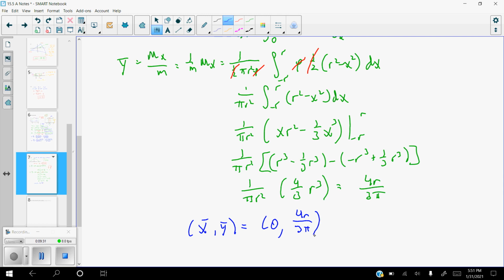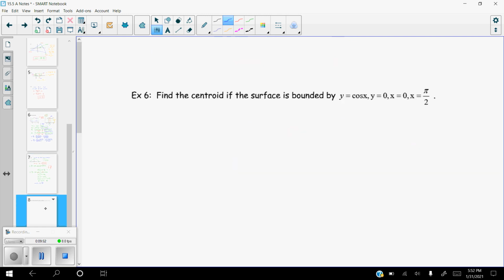So again, depending on what r is, if you have a semicircle centered at the origin, the top half of the semicircle, it will be based upon the radius. It's going to be 4 times the radius divided by 3 pi, and the x bar part will always be at 0.